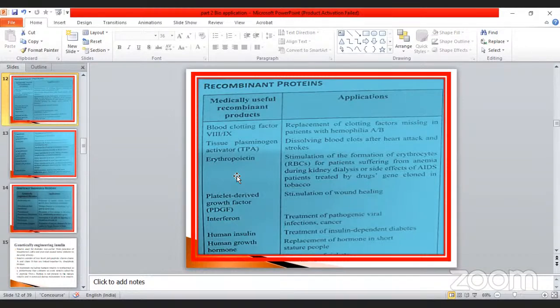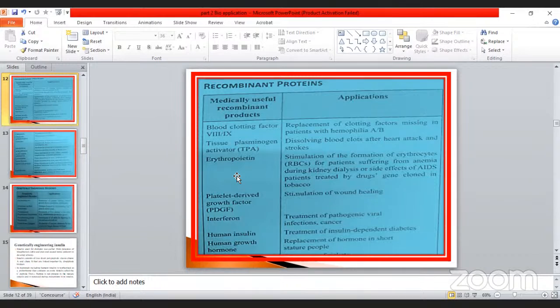After the modification, the pig insulin molecules act as human insulin. See that one? The treatment of insulin dependent diabetes. That is very, very important.